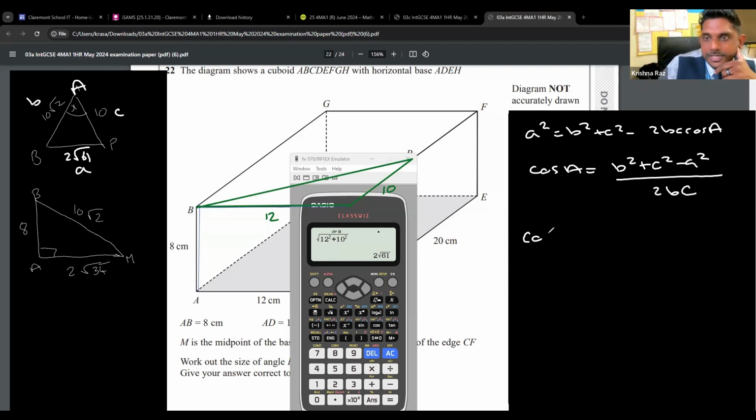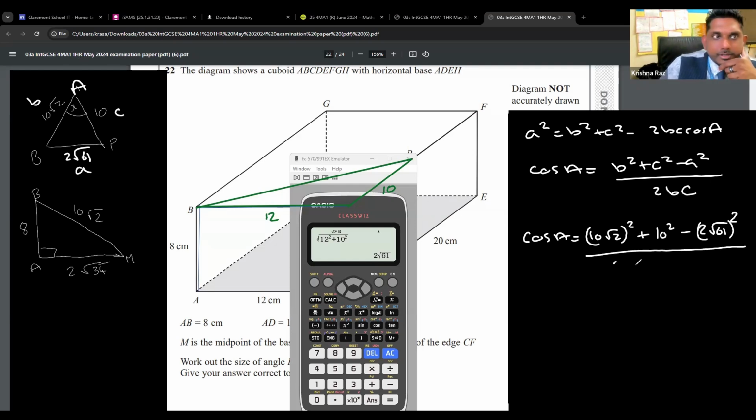Yes, so cos A equals 10 root 2 squared plus 10 squared minus 2 root 61 squared all over 2 times 10 root 2 times 10. And then we're going to do cos inverse of that, and that will give us the answer.